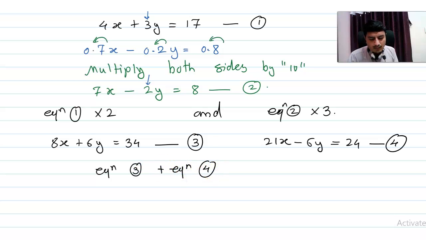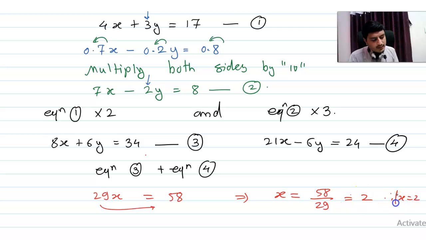Since the coefficients of variable y have unlike signs, we have to add them. 8x plus 21x gives 29x. 6y minus 6y gives 0y, which cancels. That equals 34 plus 24, which is 58. To find the value of x, shift 29: 58 divided by 29 is 2. So the value of x is 2.